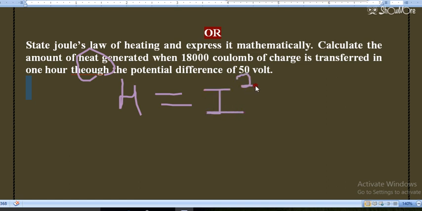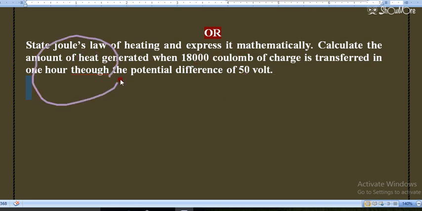So this is basically Joule's law of heating, and now calculate the amount of heat generated. This is the charge value given, the time is 1 hour, and the potential difference is 50 volt. I hope it is clear.